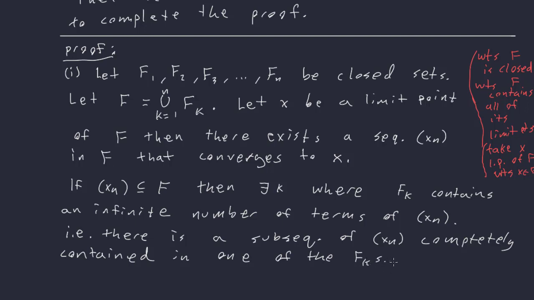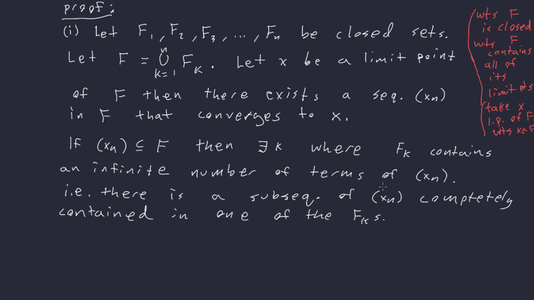Okay, so what we're doing is we're fixing this k and saying that this subsequence is contained in it. So in other words, there exists a k where a subsequence, which I'm going to call X sub k sub n, maybe not the best name for it, that's completely contained in F sub k.